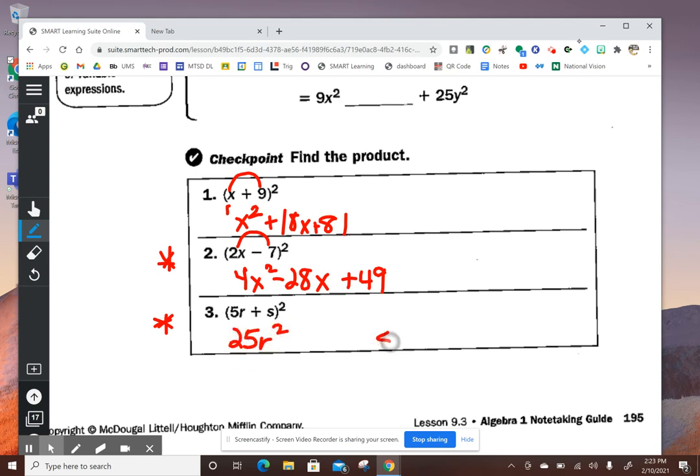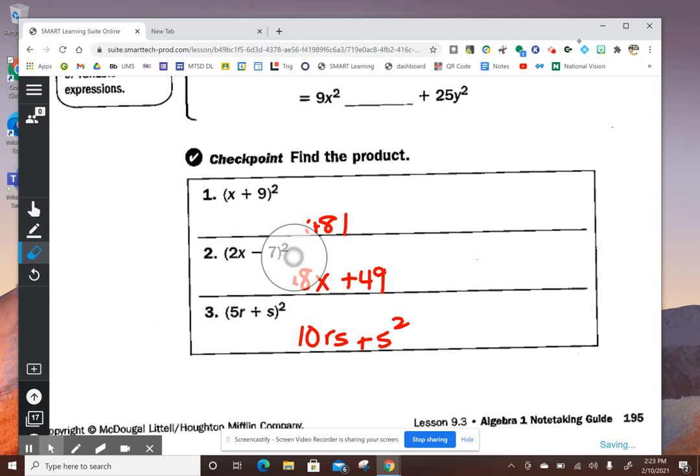Square the first, square the last. The middle term is doubling this times this. 5r times s is 5rs. Doubled is 10rs. Okay, and if you FOIL it, you'll see you get the same answer. Okay, so now let's turn the page.